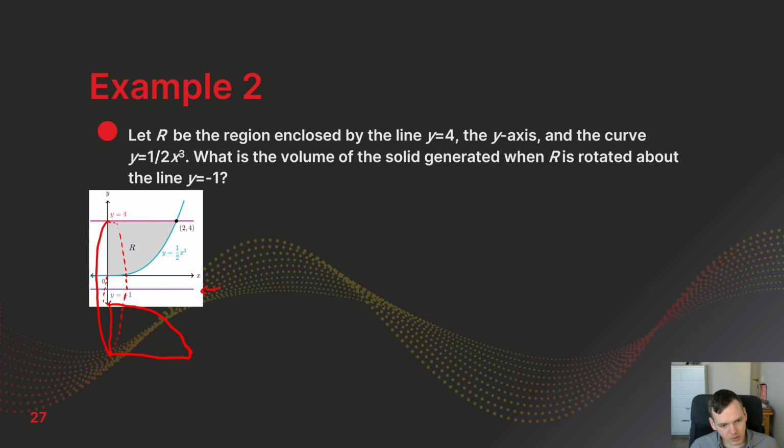This kind of swings around to create a hole there. And then as we go up, we've got other holes like that. And then finally at the top, we've just got this guy like that. So it's kind of a cylinder with a funnel cut out of the center, right? You can hopefully imagine that, a cylinder with a funnel cut out of the center.